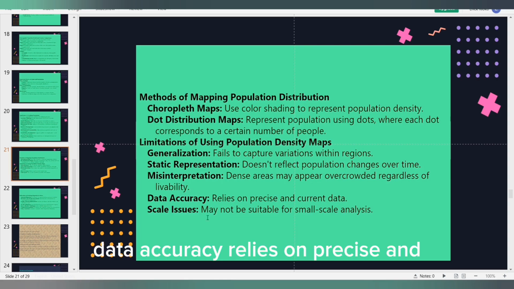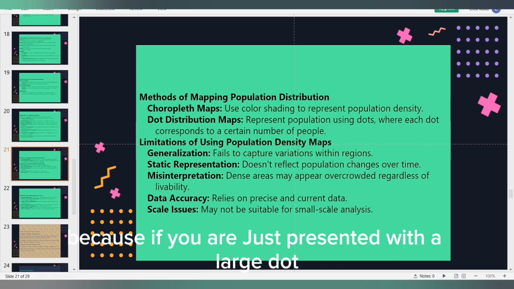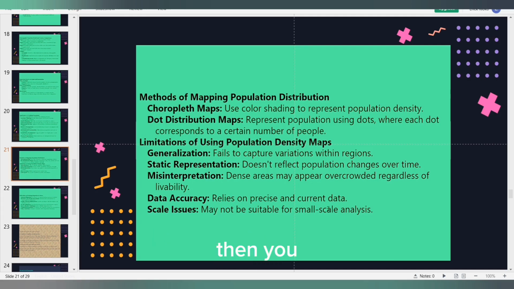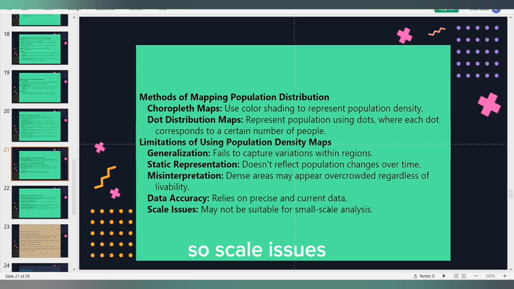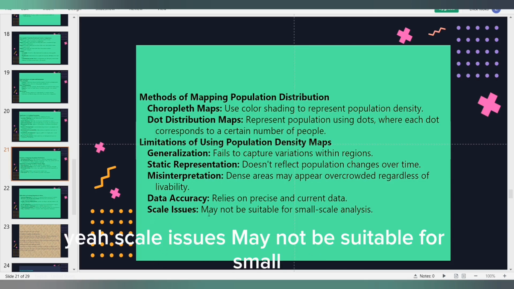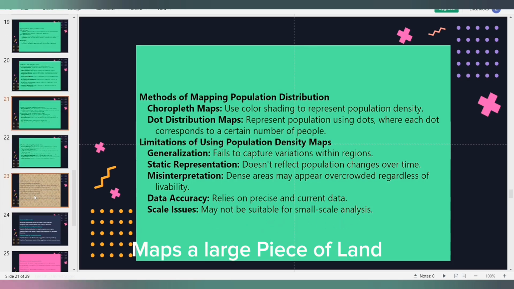Data accuracy relies on precise and current data. They may not be that accurate because if you are just presented with a large dot, you know there are many people, but you cannot be precise. Scale issues, may not be suitable for small scale analysis. We say that small scale maps a large piece of land.